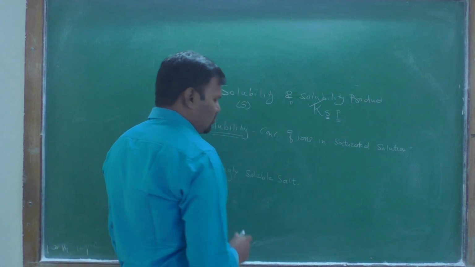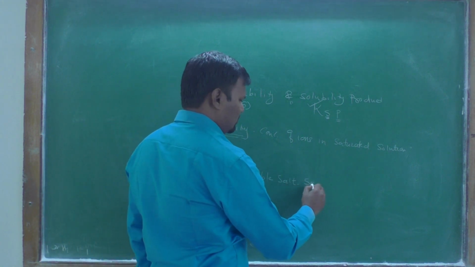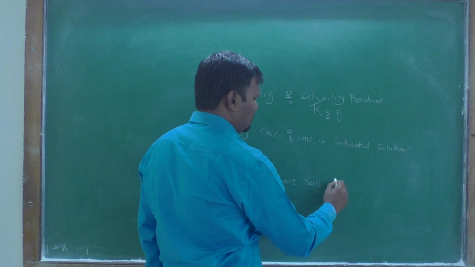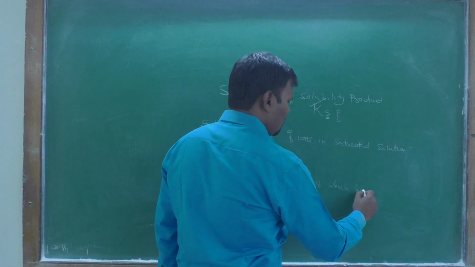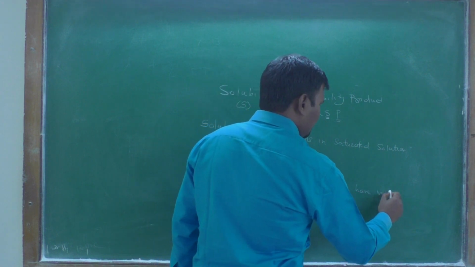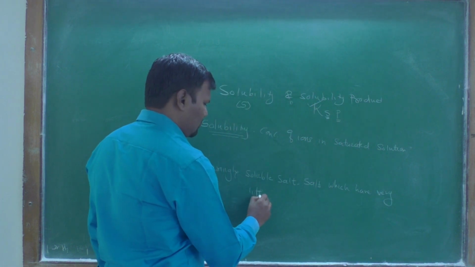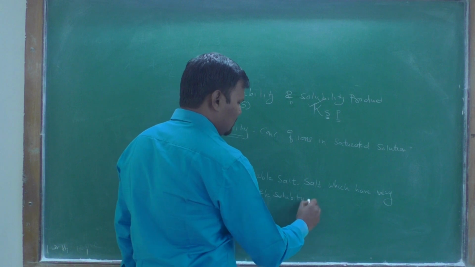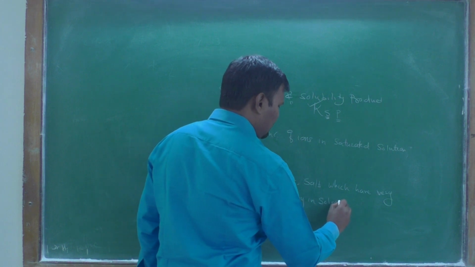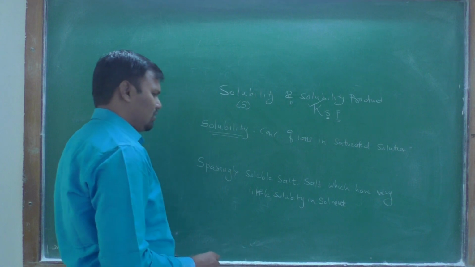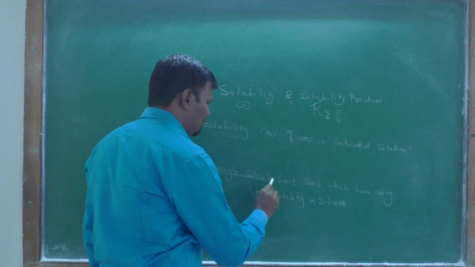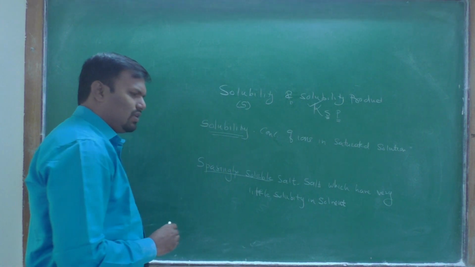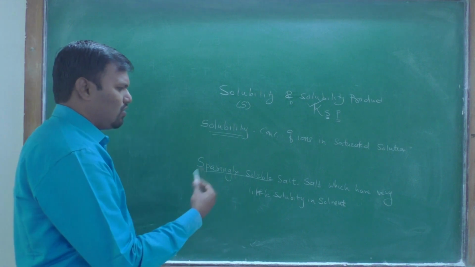And sparingly soluble salts are the salts which have very little solubility in a solvent. Okay, mostly we will use water as the solvent. Therefore, a sparingly soluble salt has very little solubility in water or the solvent.